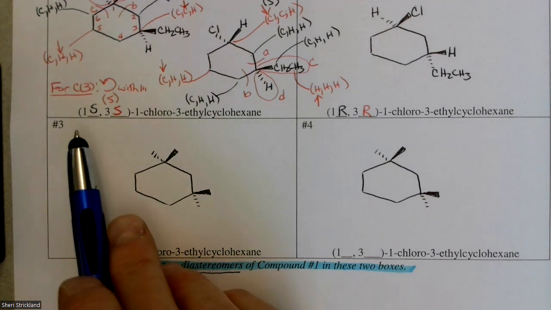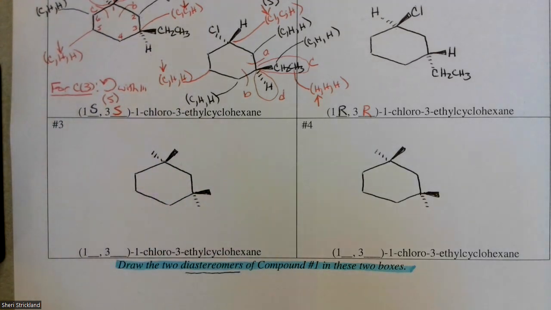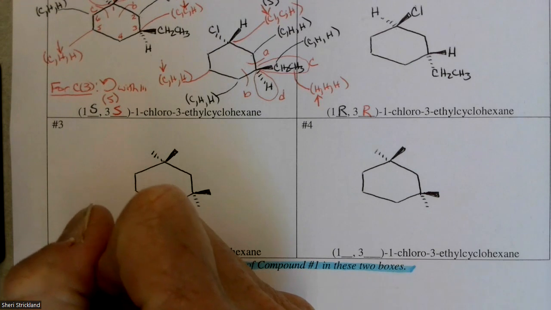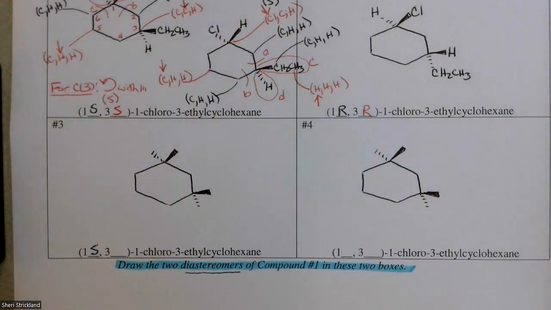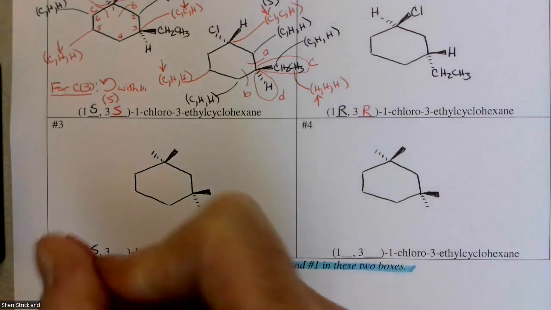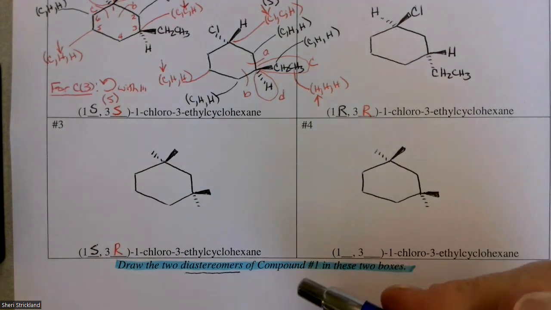And so, since there are 2 asymmetric carbons, there are 2 diastereomers. So we can keep it the same here and switch this one. So 1S,3R, or we can do 1R,3S.